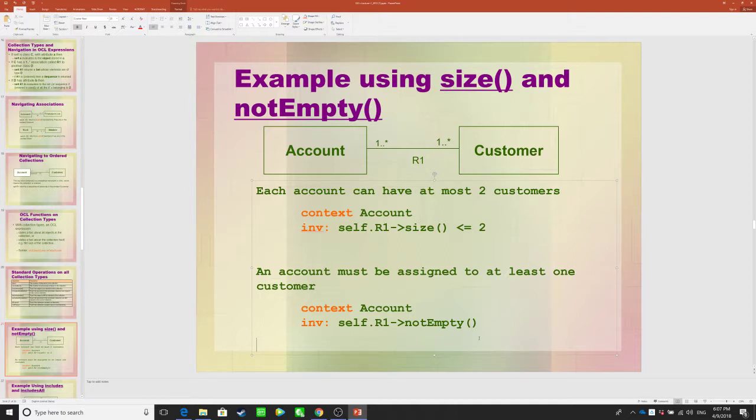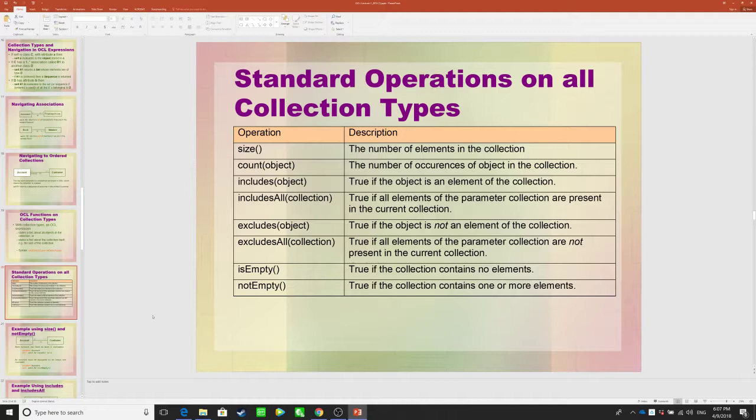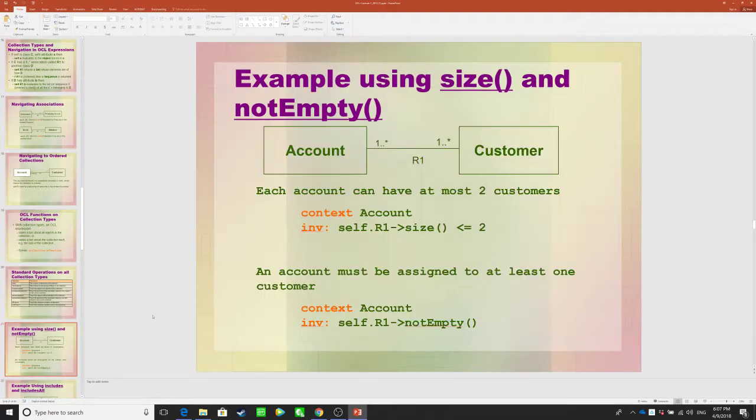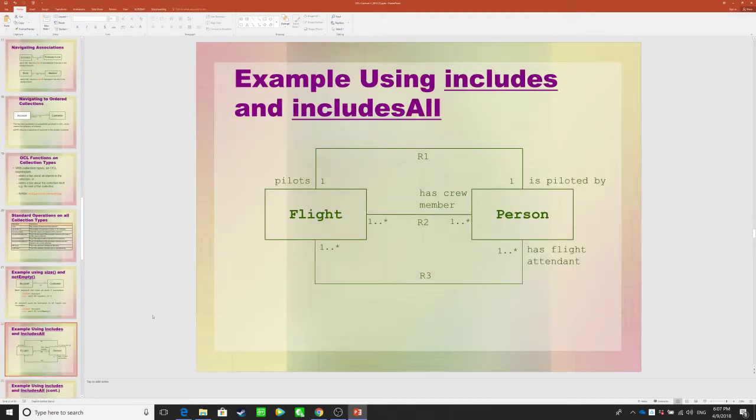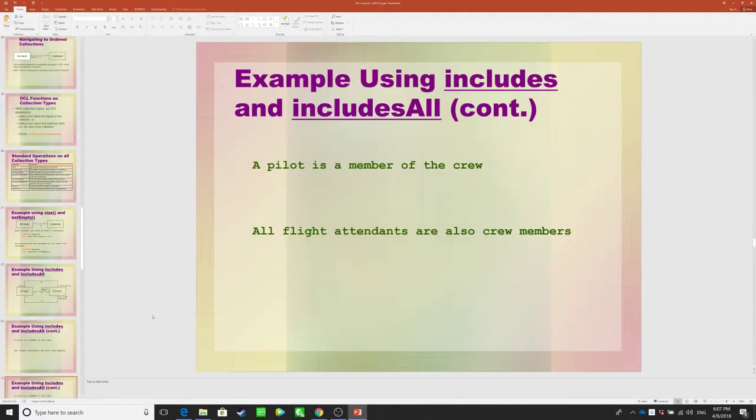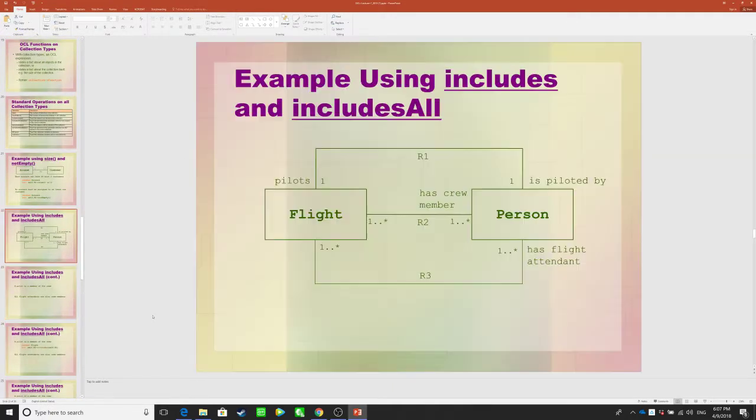Right, remember? Size, not empty, and some other operations.